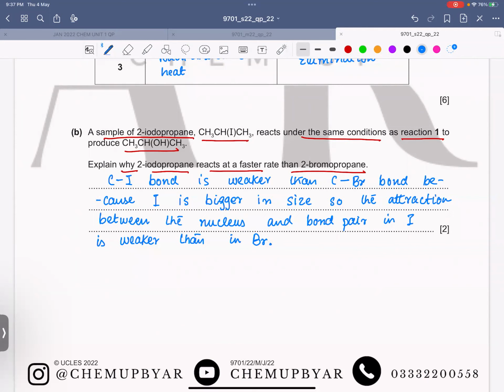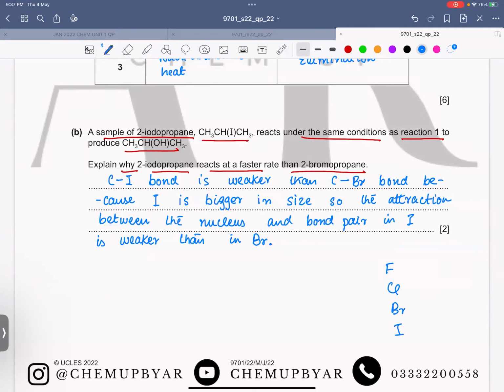Obviously, when you move down the group, there is always one electron shell added to the atom. Fluorine has 2 shells, chlorine has 3 shells, bromine has 4 shells, and iodine has 5 shells.